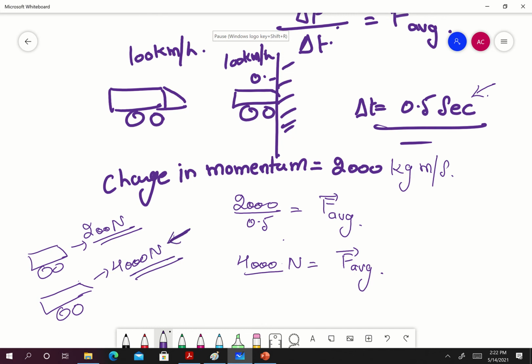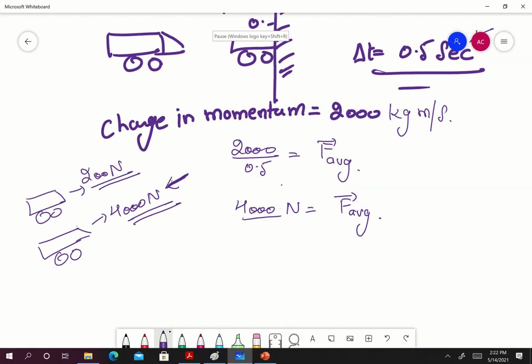So while manufacturing the car, the main thing we need to make sure is that the car comes to rest over a large amount of time.